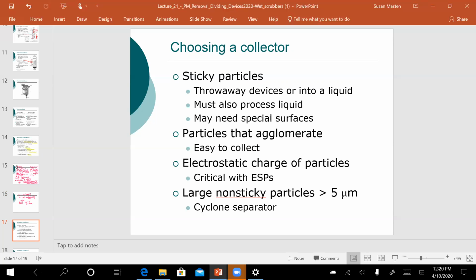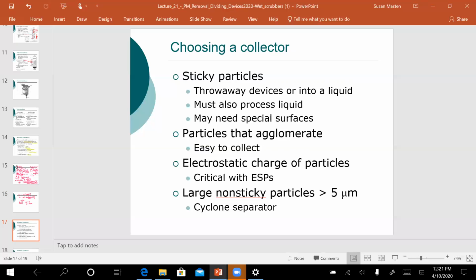Depending on the electrostatic charge of the particle, ESPs may be feasible or not. So it's very important to know and to understand what the electrostatic charge is of these particles and how would they behave in an ESP.